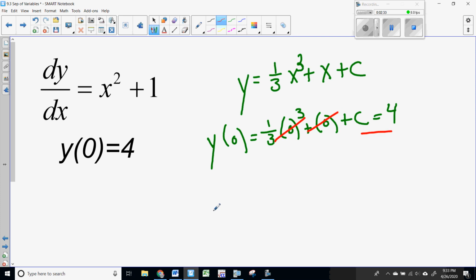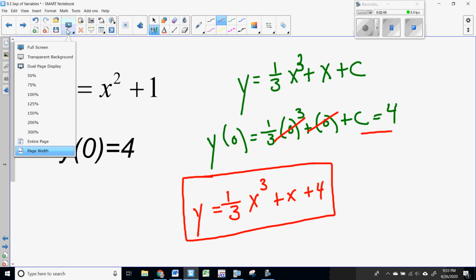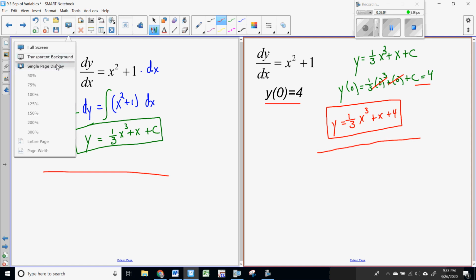So my c is 4. So my solution to this initial value differential equation is like this. We want to understand the differences here. If it is just find a general solution and you don't give an initial condition, it's okay to have your answer with c. If you have an initial condition, then you want to find the particular solution, and you substitute it in to find what that c is.